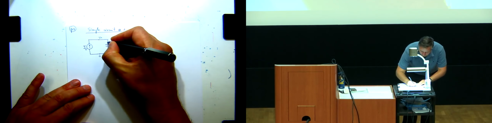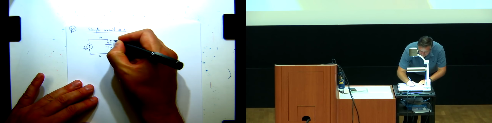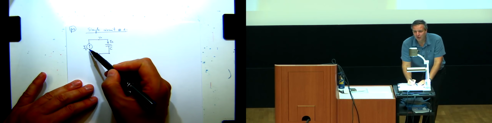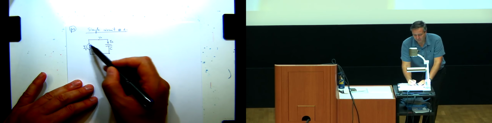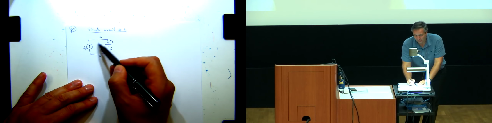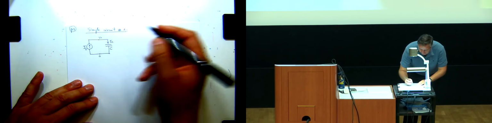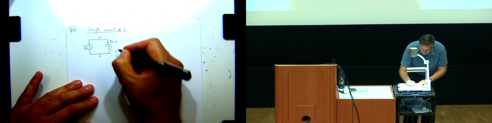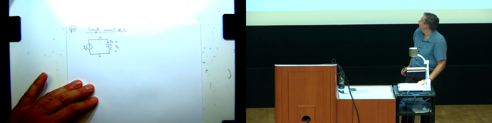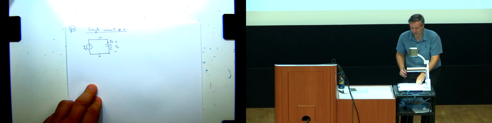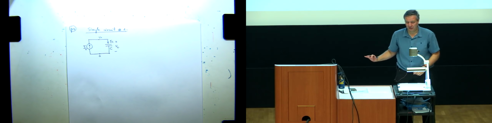I'll label the current here as I capacitor. I'll just assume the source current is going up, so that's IS. Here, we're going to label voltage VC, which follows the passive sign convention on this IC. So everything is how we did it so far.